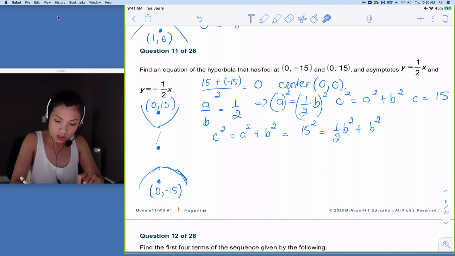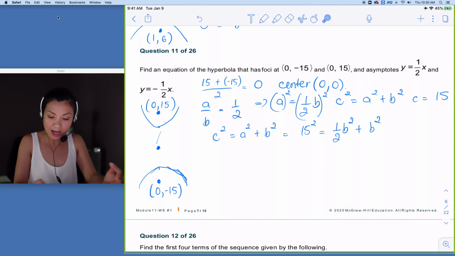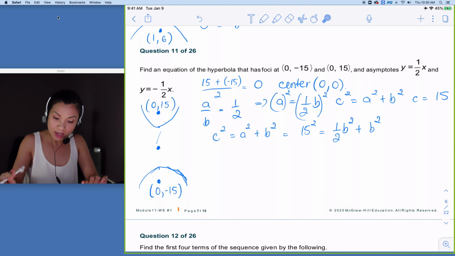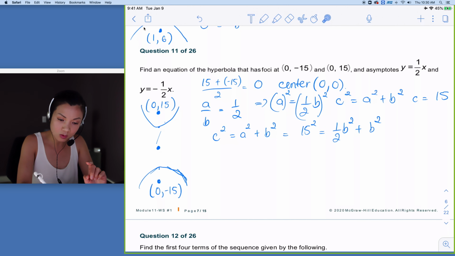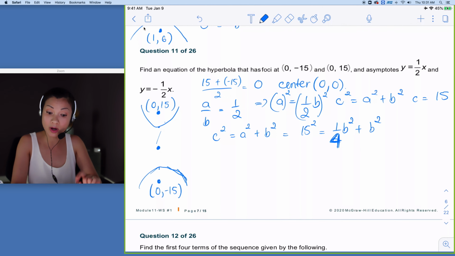We want to have just one variable so we can solve it. I can't really solve with two variables, I need two equations. So 1 half b squared, I'm sorry, 1/4, because we just squared it.